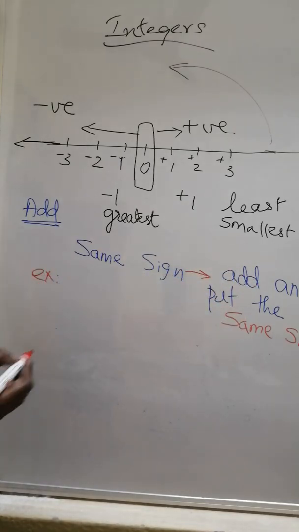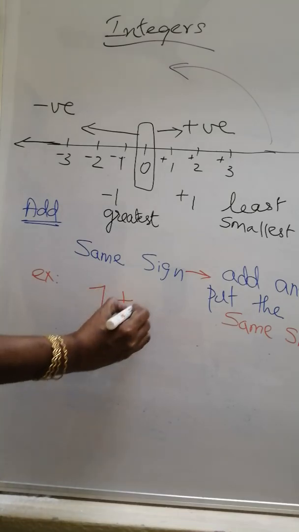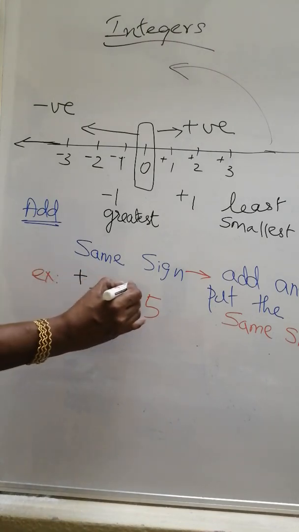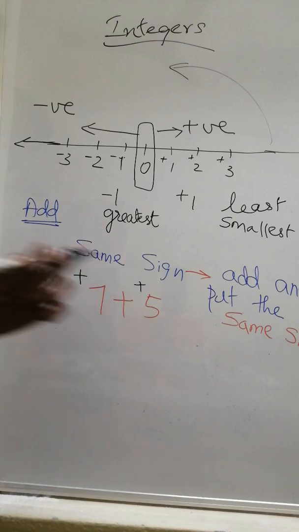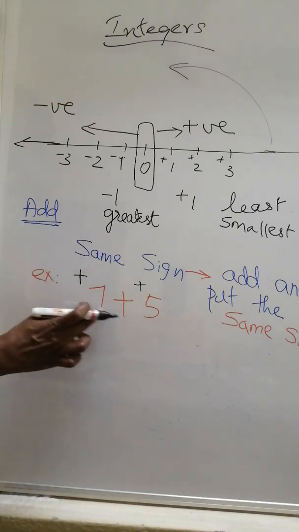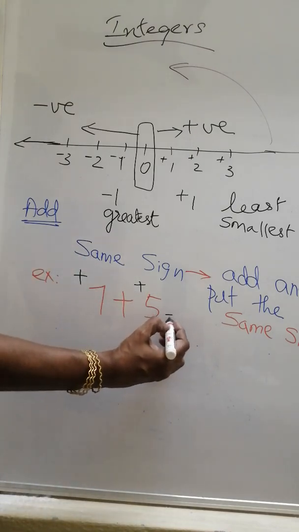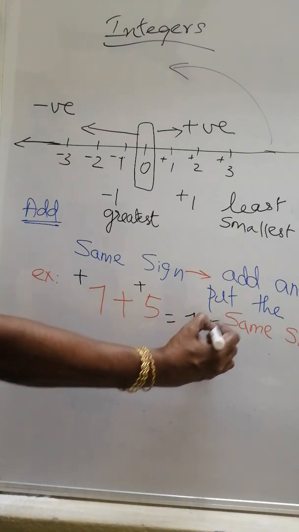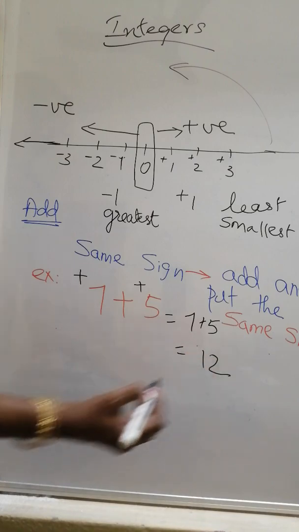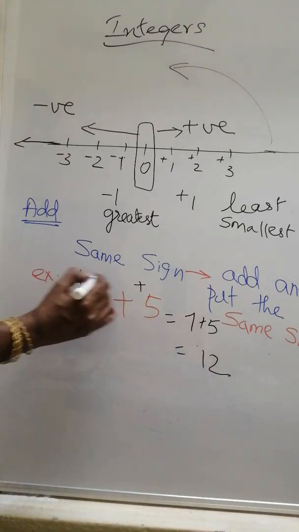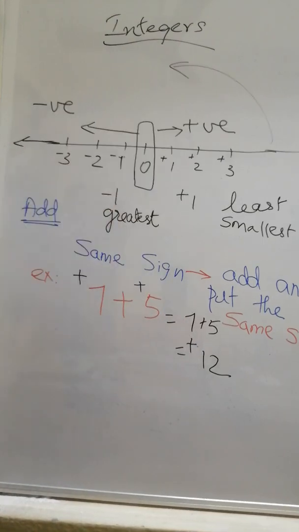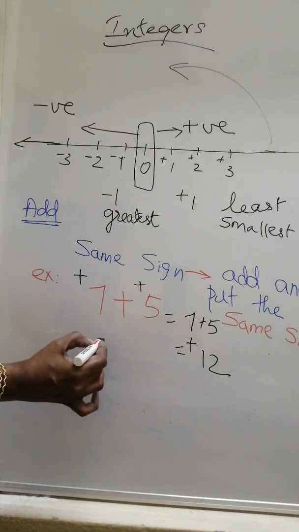Example, 7 plus 5. These two are positive, that is positive 7 added to positive 5, means add 7 and 5. This gives you 12. Put the same sign. Both the numbers 7 and 5 have the sign positive. So, same sign.